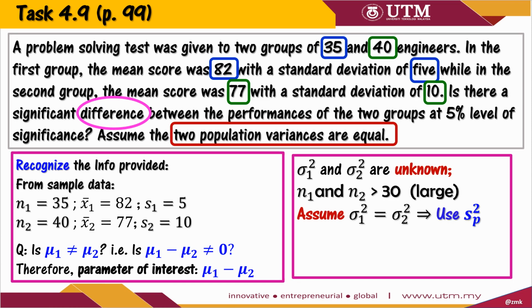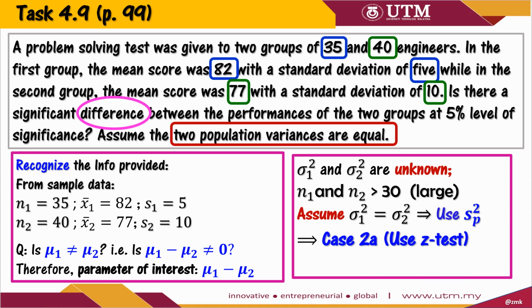Having all these 3 conditions listed, that is, the unknown population variances, the large sample sizes, and the assumption on equality of population variances, we can now identify the suitable case to solve the problem. That is, to use case 2a, which involves a z-test statistic.